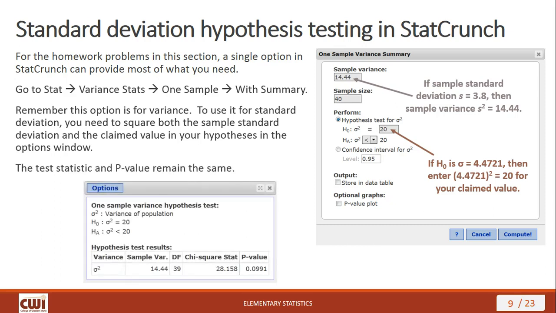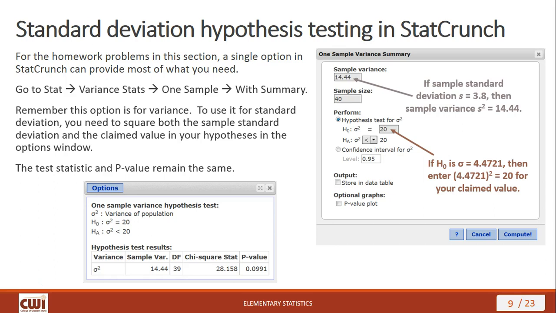Once you get your results window after pressing compute, you don't need to take the square root of anything. Back when we were doing confidence intervals, you needed to take the square root of your upper and lower limits to get the right answer out. Here, we're looking for a test statistic and a p-value. And as long as you put the right numbers in, those values are going to be the same.